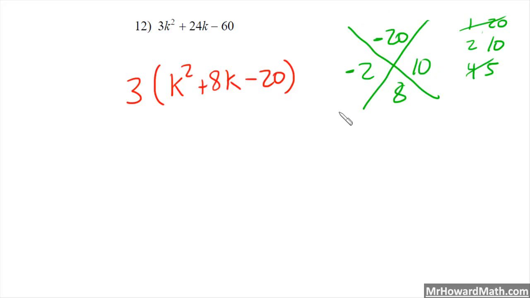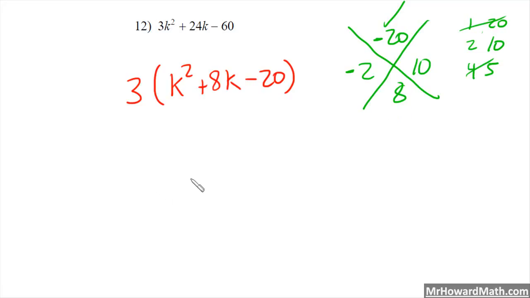One rule of thumb when you get to this point, if one of these signs has to be positive and one is negative, the biggest one of the two wins whatever sign's right here. That's one little trick that you can use, and notice that's true here. The 10 won the positive. But you can check it. Negative 2 times 10, negative 20. Negative 2 plus 10, 8.